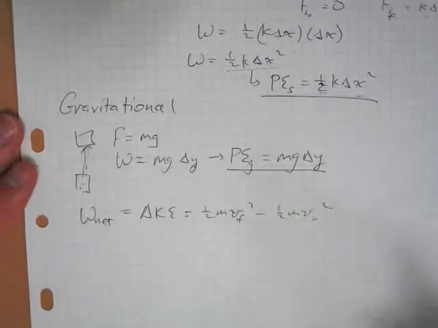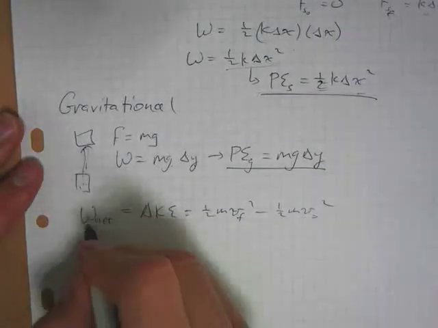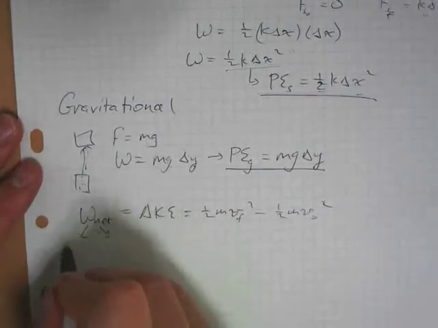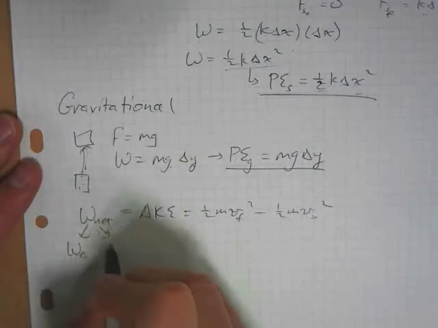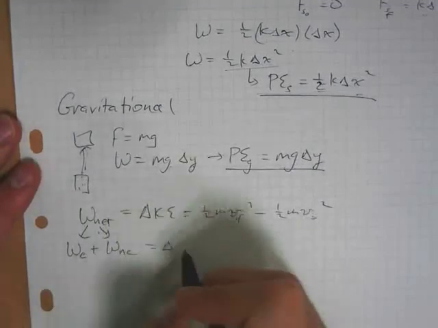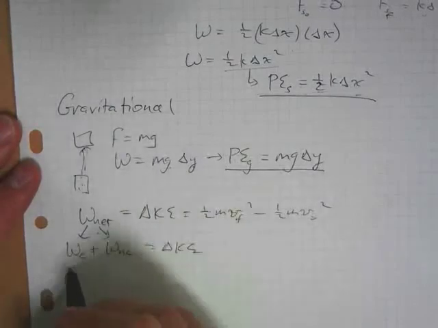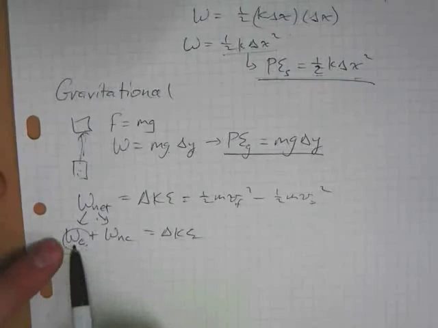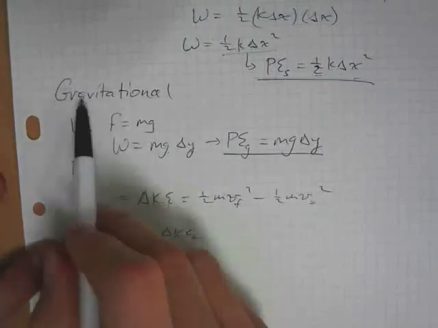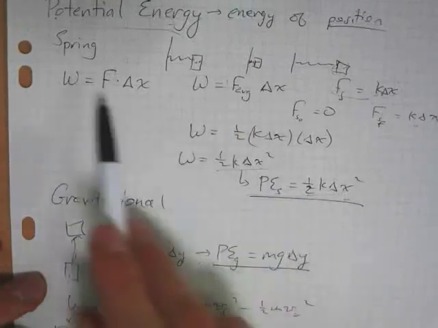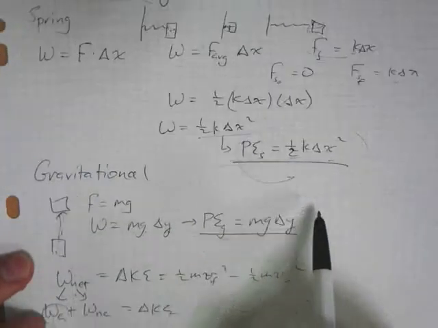Okay, but if we split this up into work done by conservative forces and work done by non-conservative forces, all the work done by conservative forces is stored as potential energy. Gravity is a conservative force, it gives this potential energy. Spring force is a conservative force, it gives this potential energy.